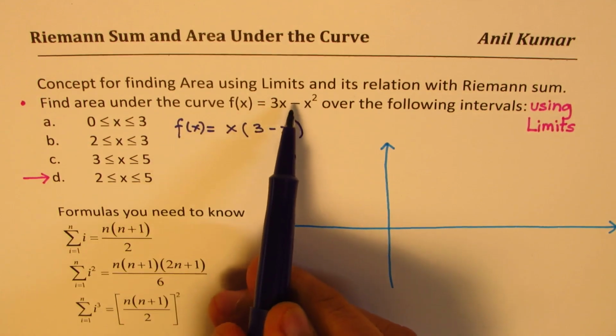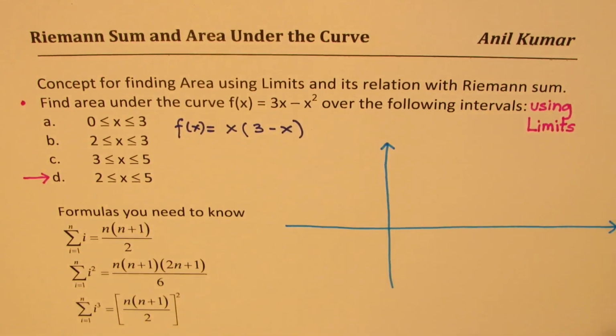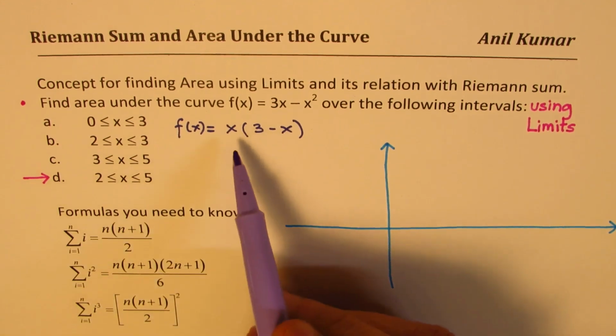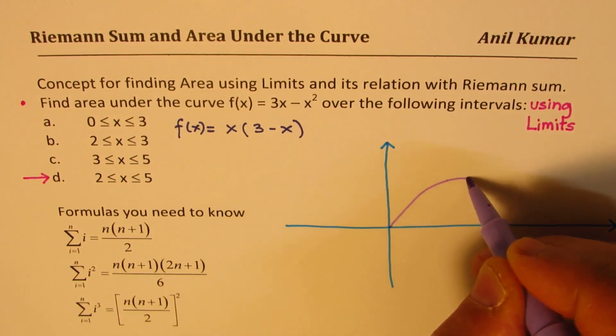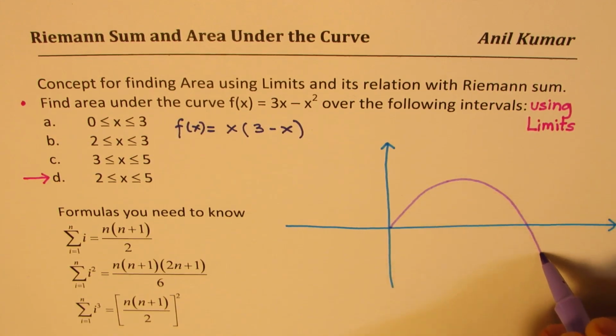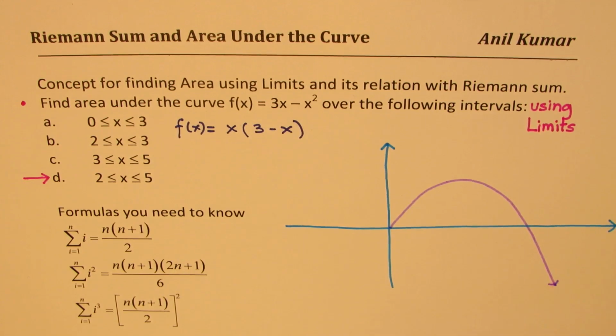minus, right? So minus x squared means this thing goes downwards. Now it's a parabola which definitely has two x-intercepts, one at 0, one at 3. So we could expect this to go like this. So that's your parabola.